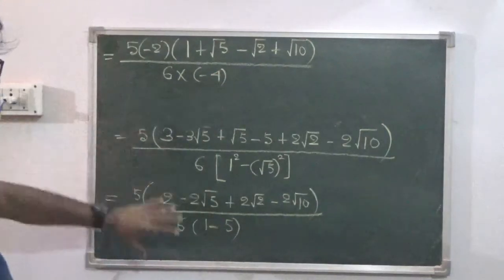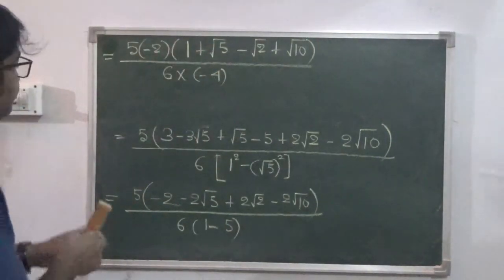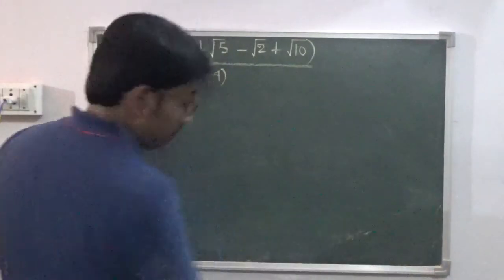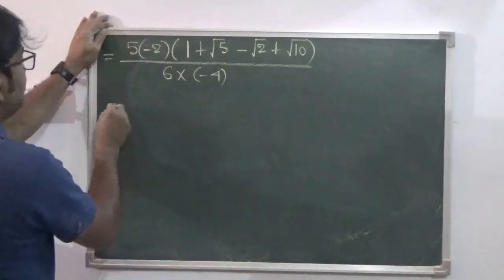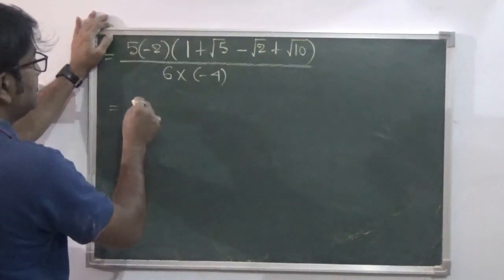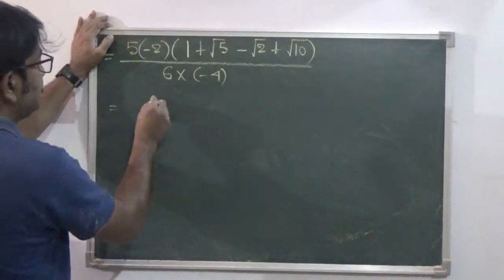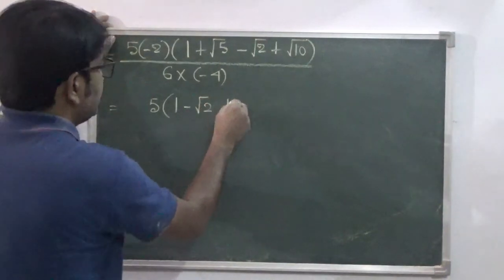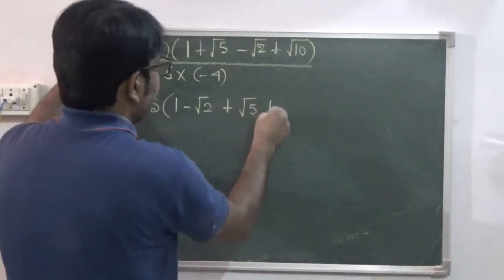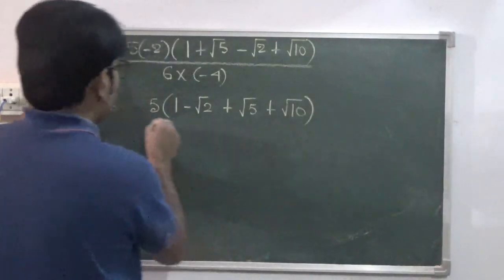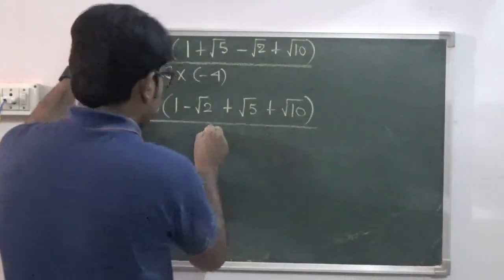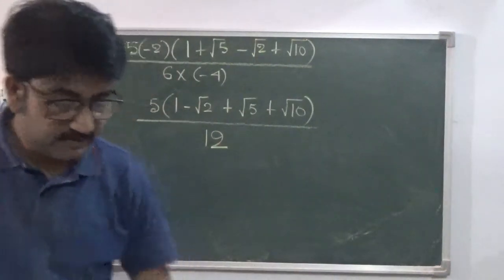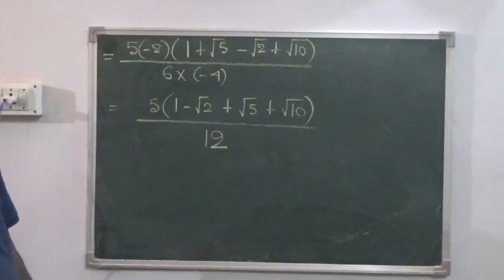So from here you come to this point. Now this will cancel, so minus minus plus is done. 2 into 3, 12. So 5 into 1 minus root 2 plus root 5 plus root 10 divided by 12. Let me check the answer. 5, 1 plus root 2, 1 minus root 2 plus root 5 plus root 10 by 12.